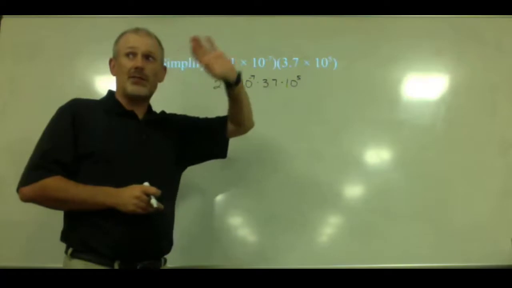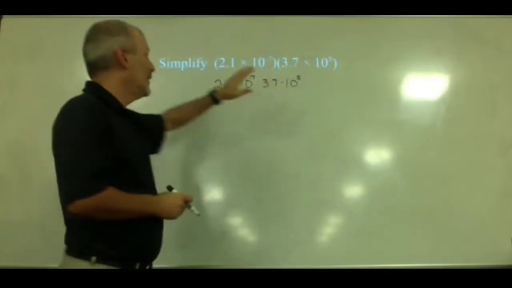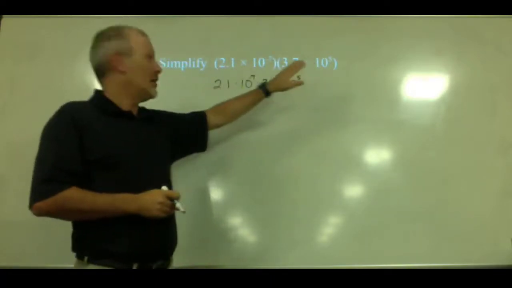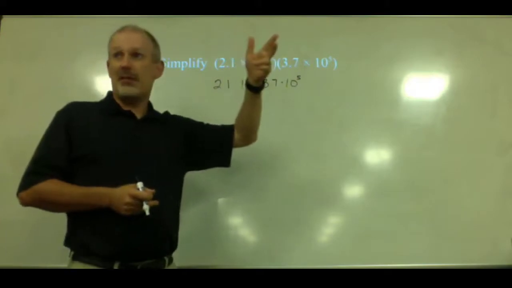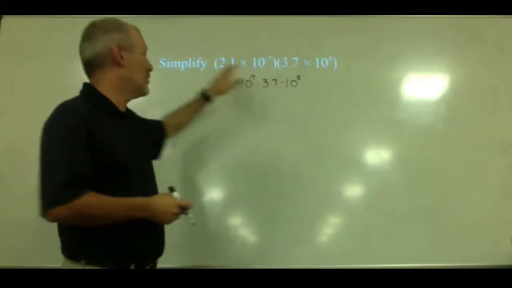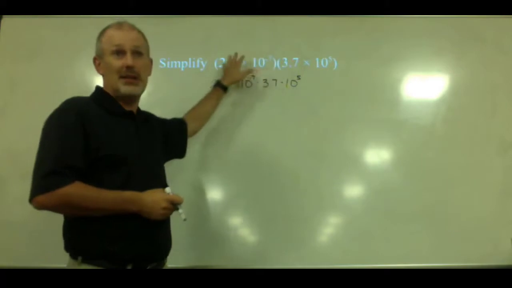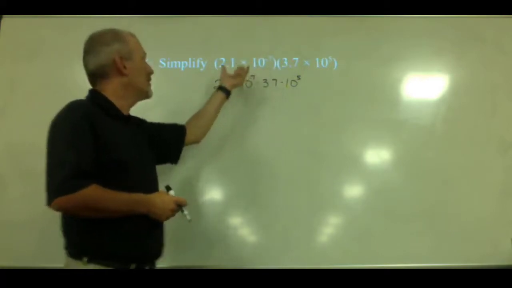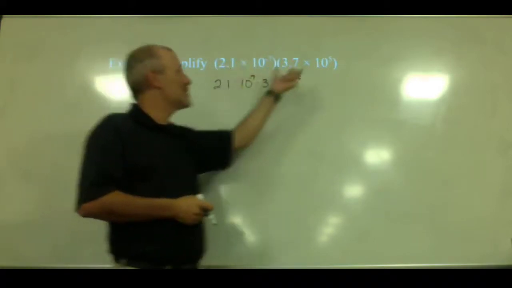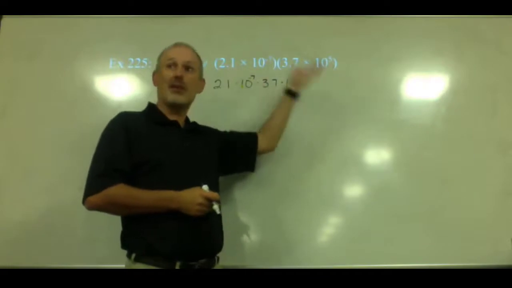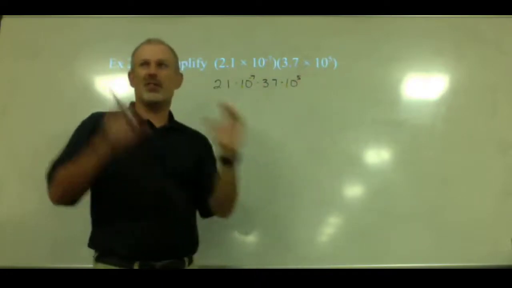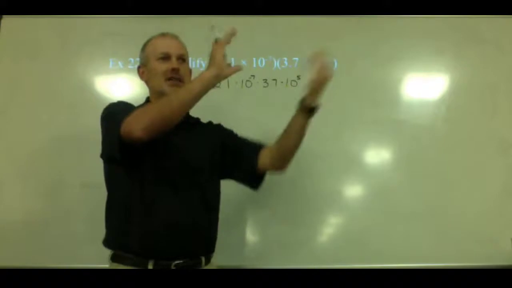Because if you remember back to your properties way back when, when you multiply, the order doesn't matter and the grouping doesn't matter. So these parentheses here really don't mean anything other than saying this is a scientific notation number and this is another scientific notation number and we're multiplying them together. That's all it does to show you scientific notation.